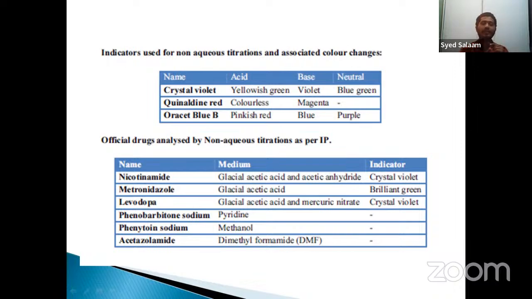Why? Because there are certain limitations of aqueous titration, so we need to apply this non-aqueous method. For that reason, we have special indicators with specific color changes, and the indicators vary based on what we are titrating. All right, that's it regarding non-aqueous titrations.